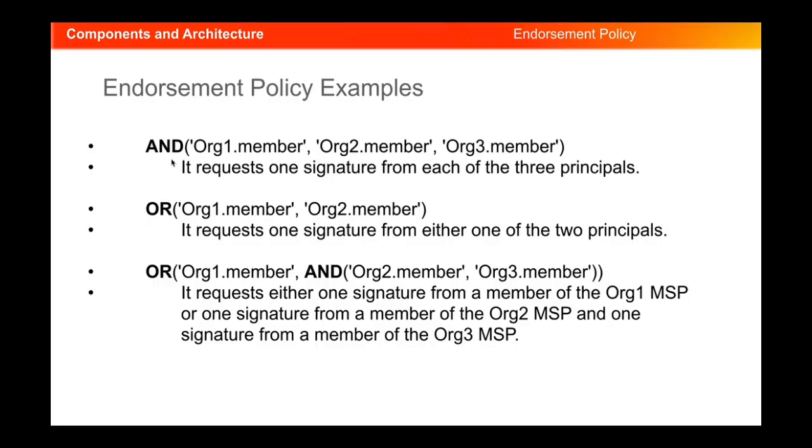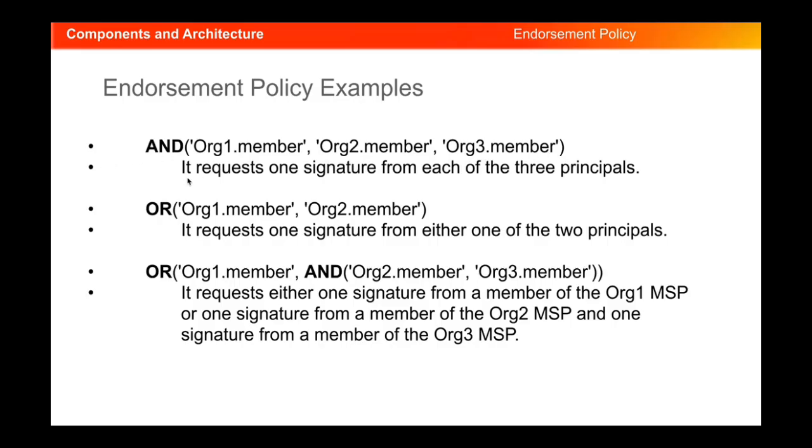So here are the examples that I told you about in the previous section. As I said, the expression takes three values, two of which are described here: AND and OR. Let's look at this expression: AND, open brace, organization 1 dot member, organization 2 dot member, organization 3 dot member.